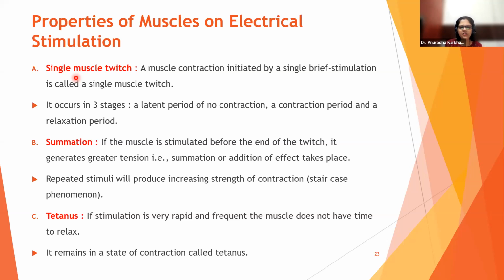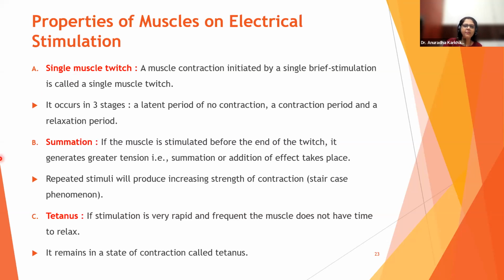What is summation? If the muscle is stimulated before the end of the twitch, it generates greater tension, which we call summation, or addition of effect takes place. So that contraction will go on contracting more and more. समझा?